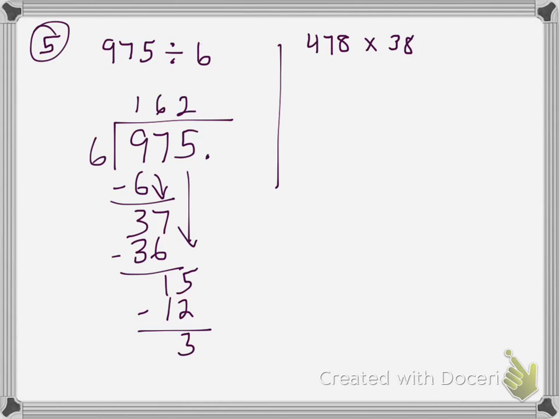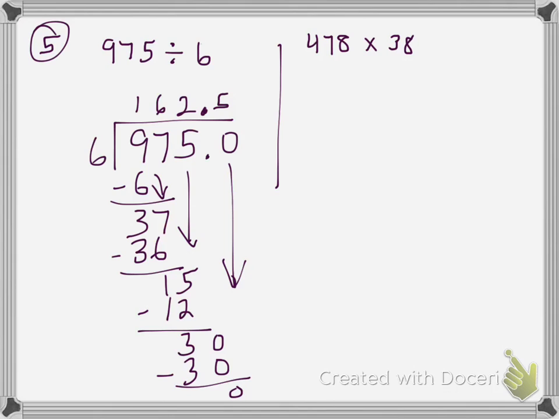Could also add a decimal point, bring down the 0. 6 into 30 would go 5 times. Remember my decimal point up top. Multiply, and I'd have nothing left over.